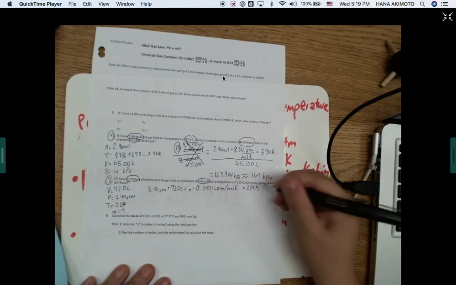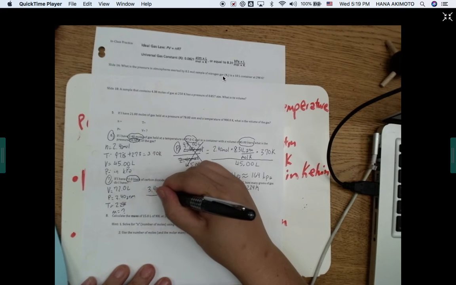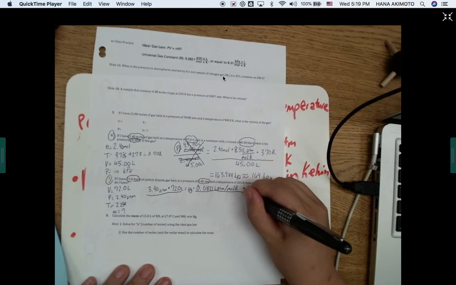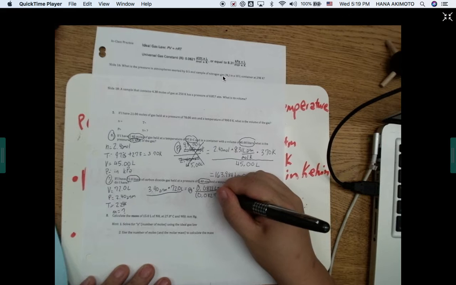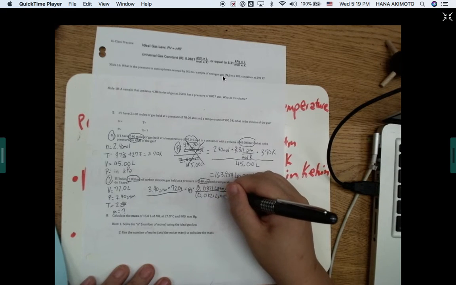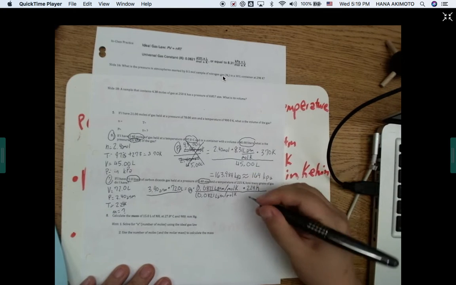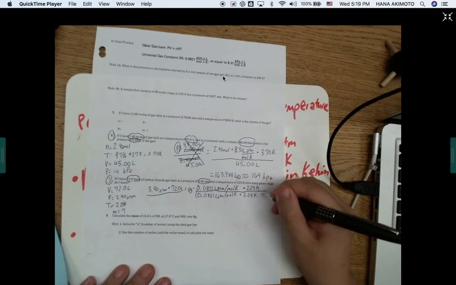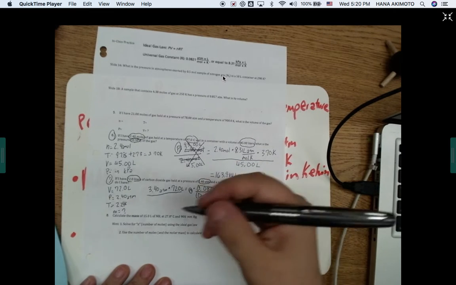All right, now I am isolating N, so I need to divide by this side. Right, I'm going to be sure to use my parentheses so that I don't break my order of operation, because that is something that causes a lot of problems. Right, and those cancel out.